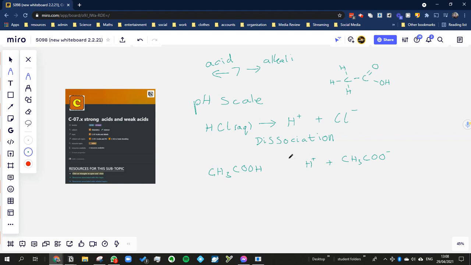But it doesn't completely dissociate. The reason for that is because it's a reversible reaction. In other words, it might start off as 100% this. Put it in some water. I should put an aqueous solution symbol there, and these should have aqueous solution symbols as well.